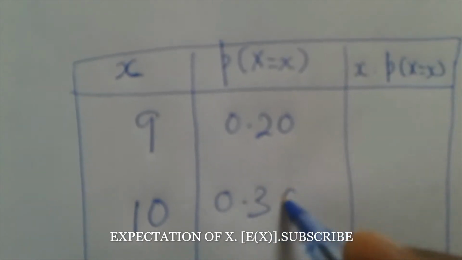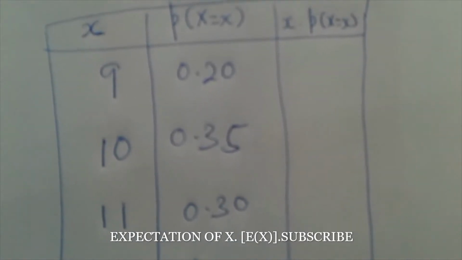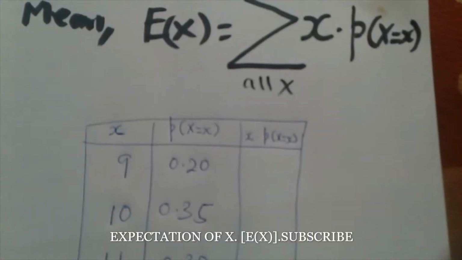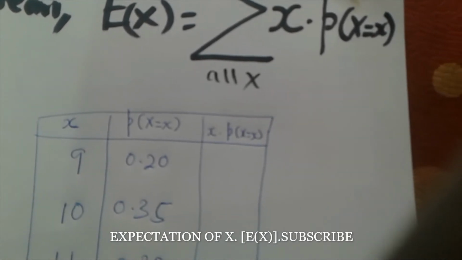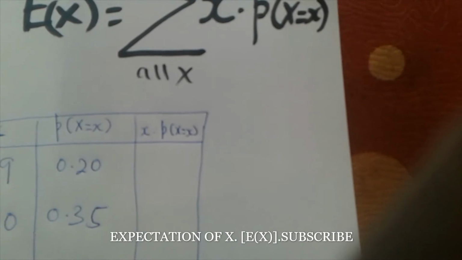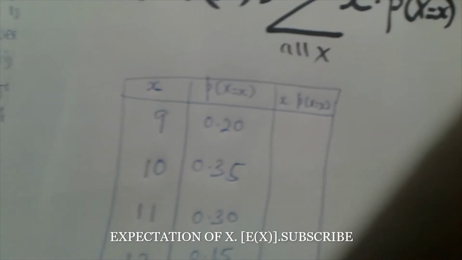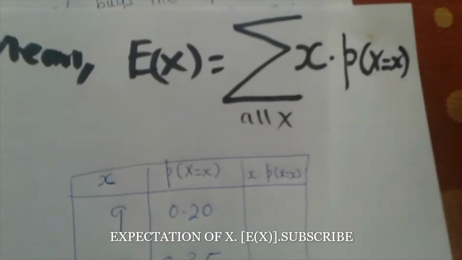The probabilities we have are 0.20, 0.35, 0.30, then 0.15. And in this case, we shall get x multiplied by the probability, and we shall be able to get the results. Then we shall be able to add and we get expectation.